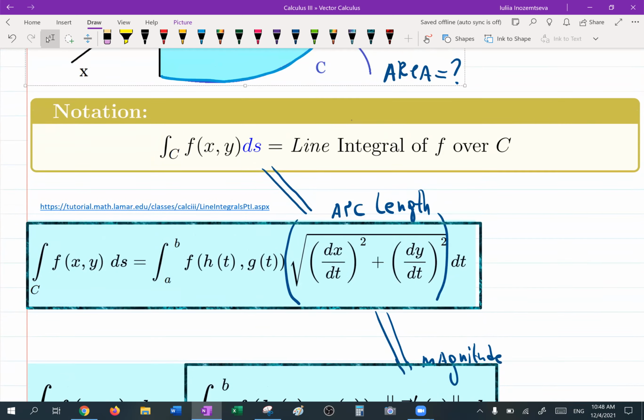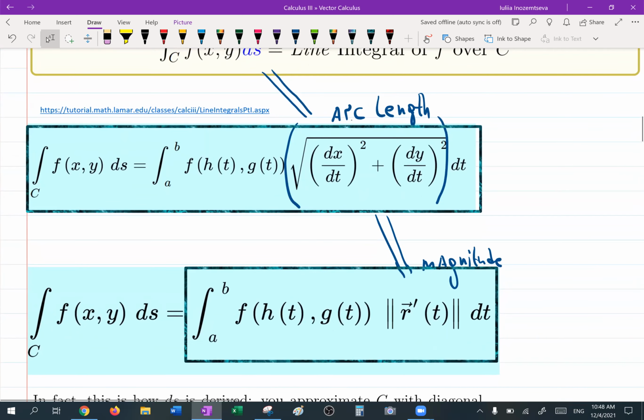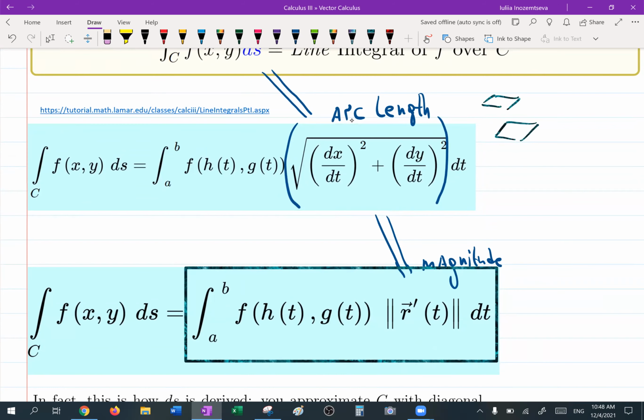So C now is a surface. So the square roots just kind of increased, because we're approximating the surface with tiny parallelograms, if you remember. And they are done with the cross product, U and V, but still just square root because it's the absolute value. It's the magnitude. So the idea is the same. You need to remember this formula.